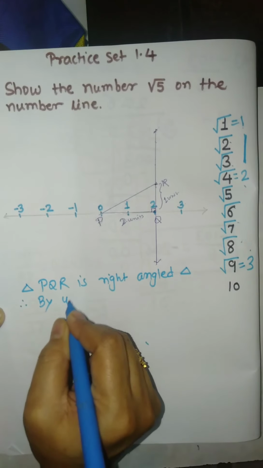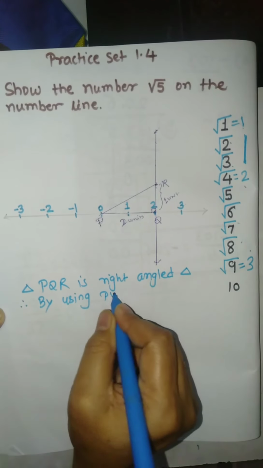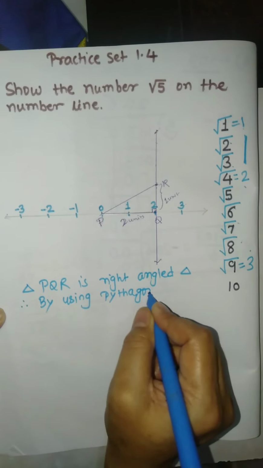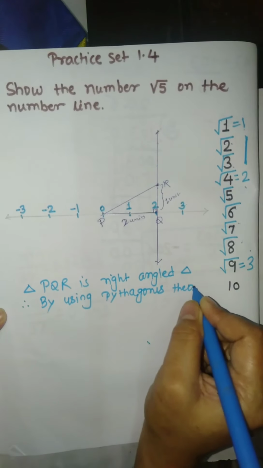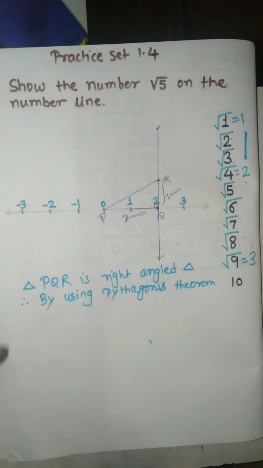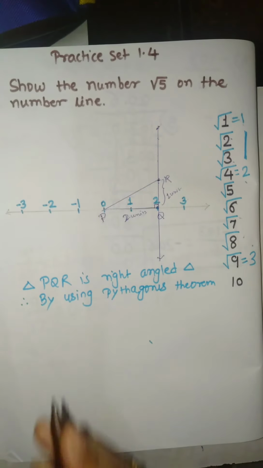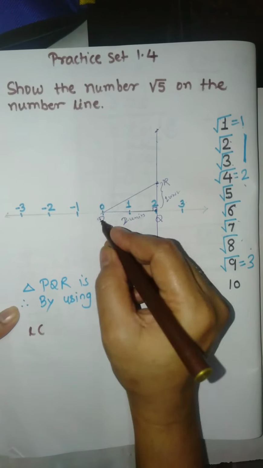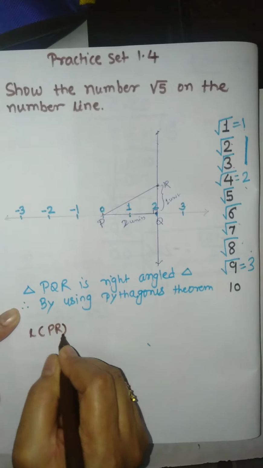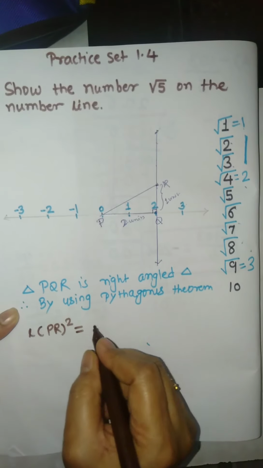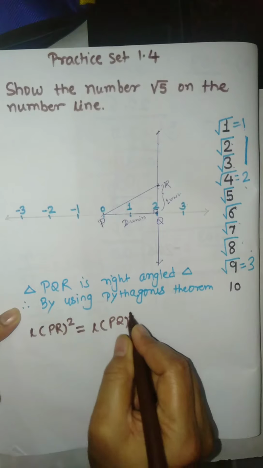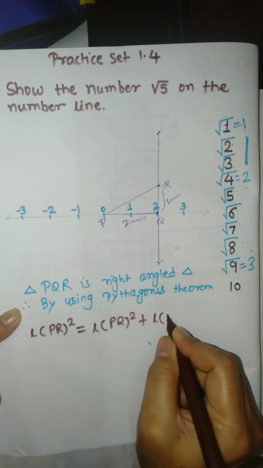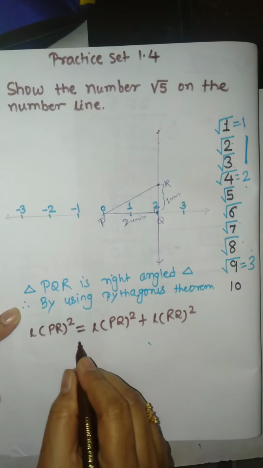Therefore, by using Pythagoras theorem, length of PR square is equal to length of PQ square plus length of RQ square.